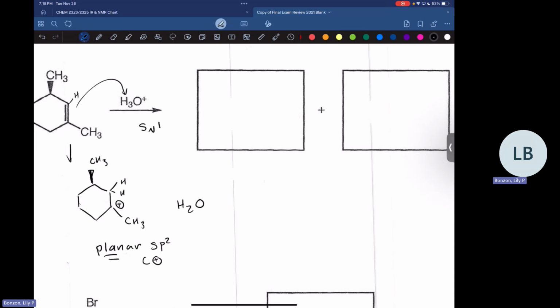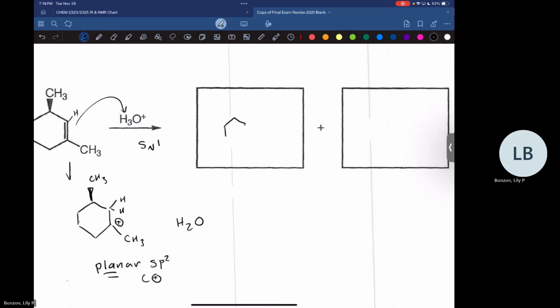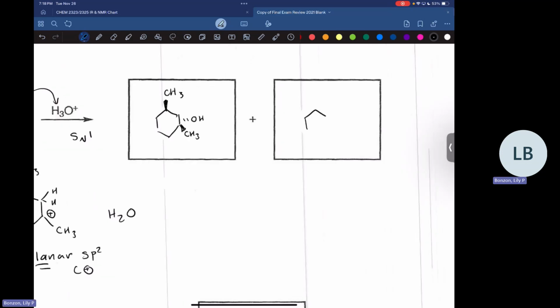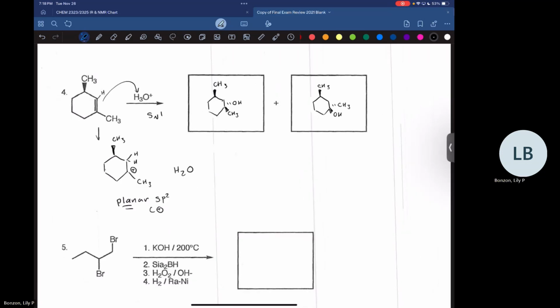So 50% of our product would be the R, and the other 50% would be the S. Just for the purposes of the exam, you'll draw one of them where the OH ends up on the dash, and then the other one, the OH on the wedge. And those would be our two products.